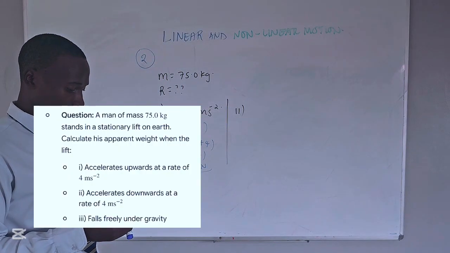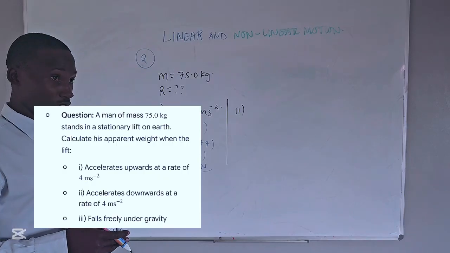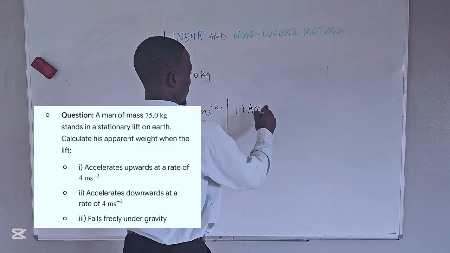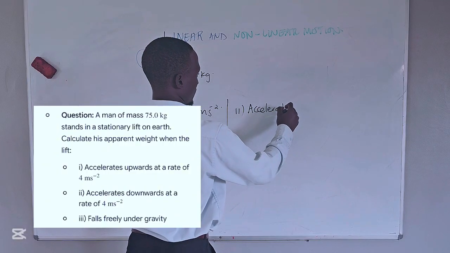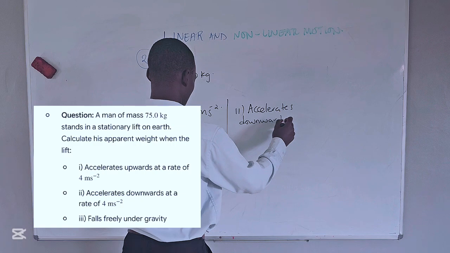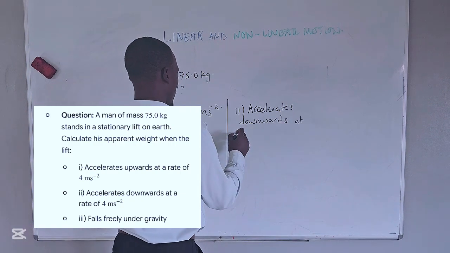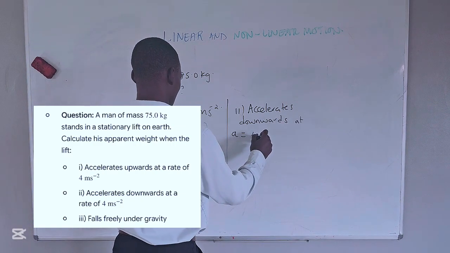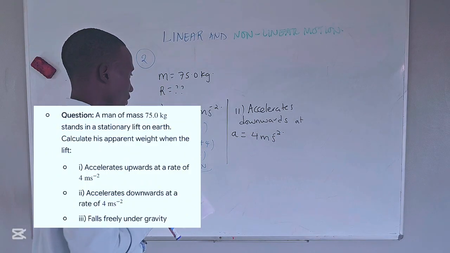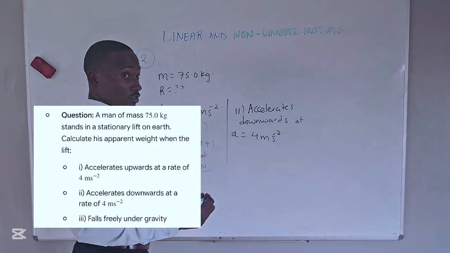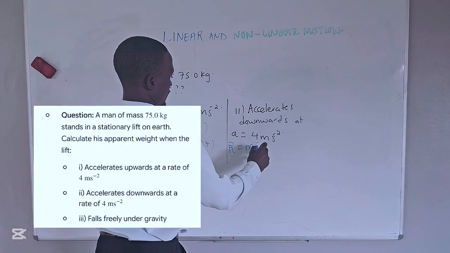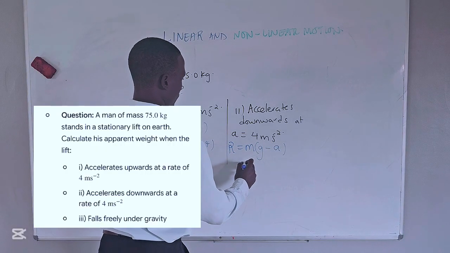if they want you to get the apparent weight if this lift accelerates downwards at a rate of 4 meters per second squared. Now, in that case, if it is moving downwards, we already know that R is m into g minus a.